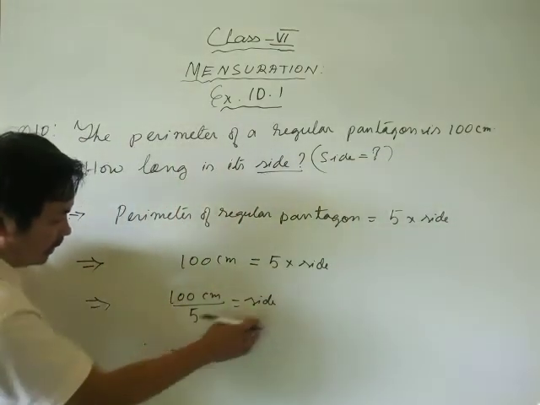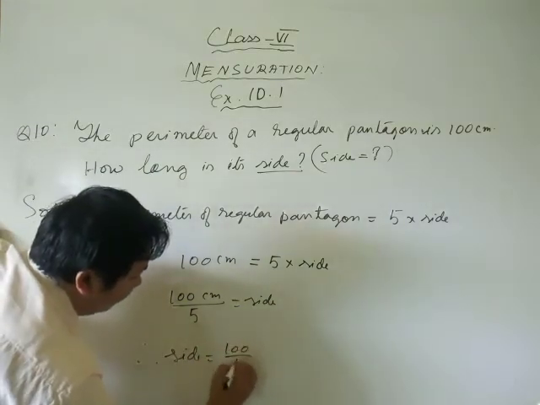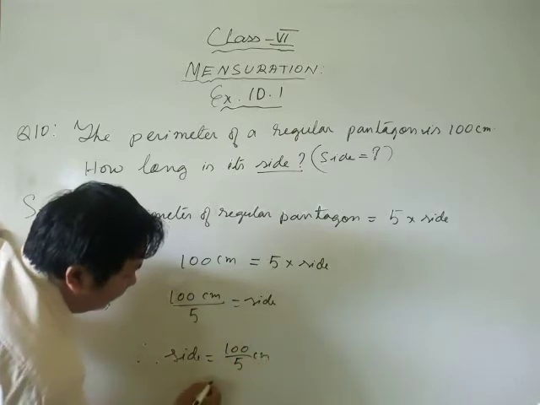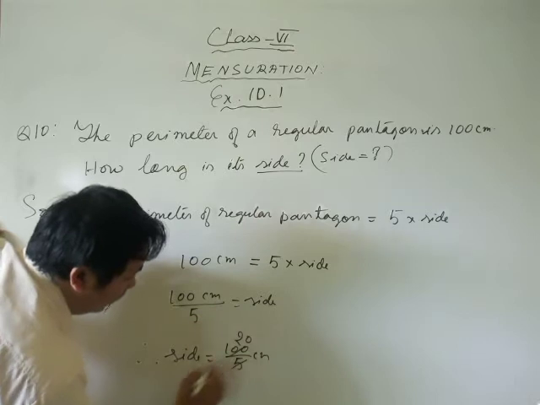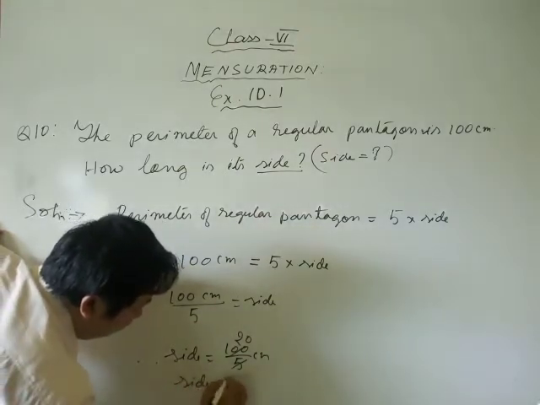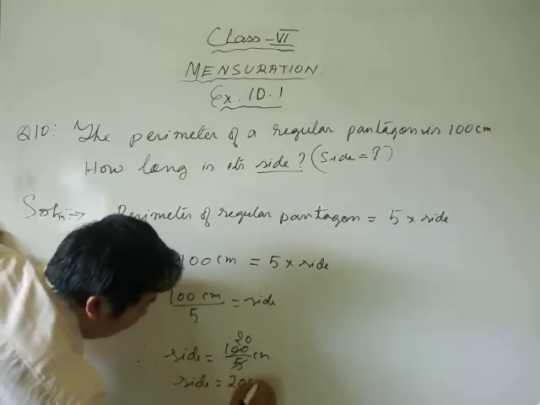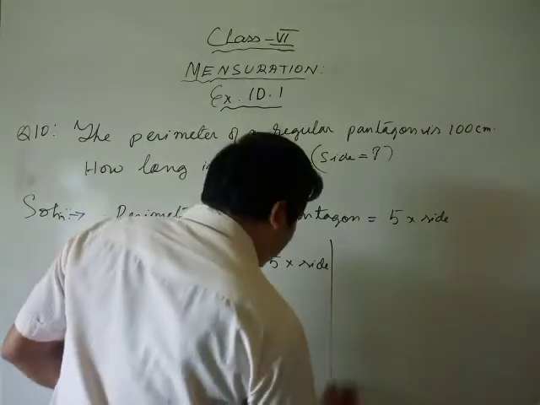So how much is the side? The side will be 100 centimeter divided by 5. How much is that? 20. So one side is equal to 20 centimeter long.